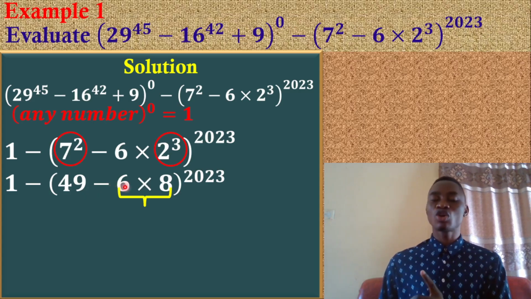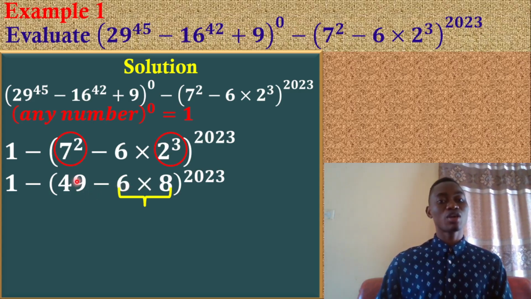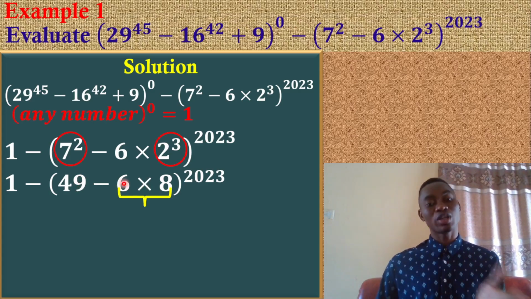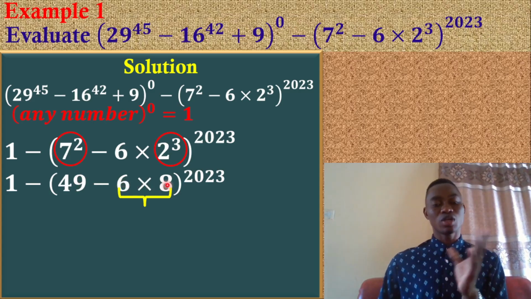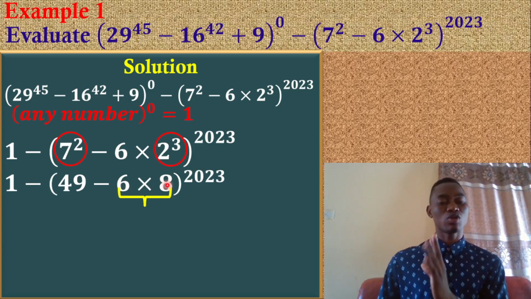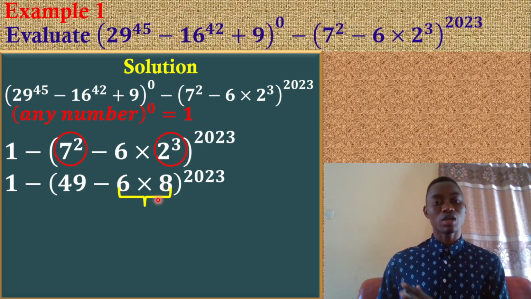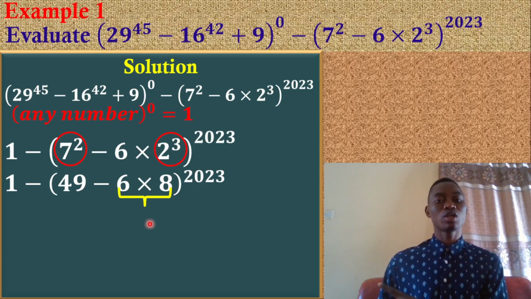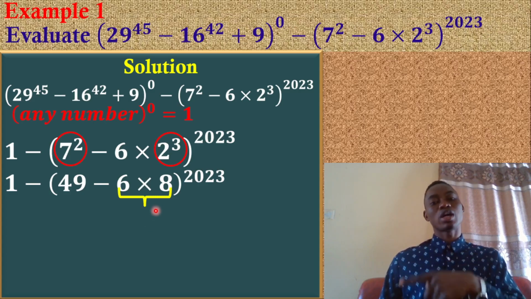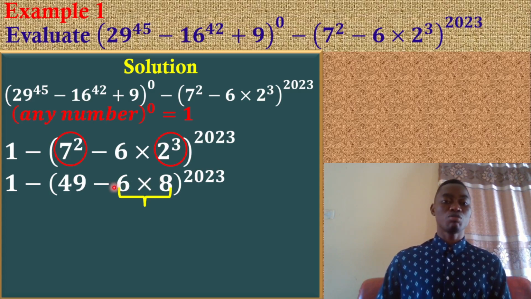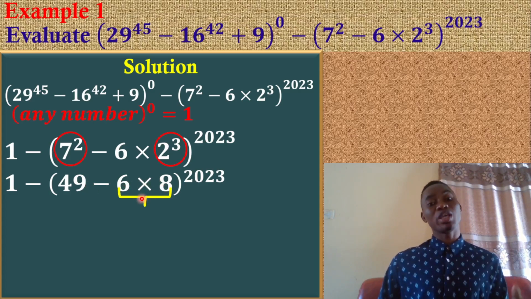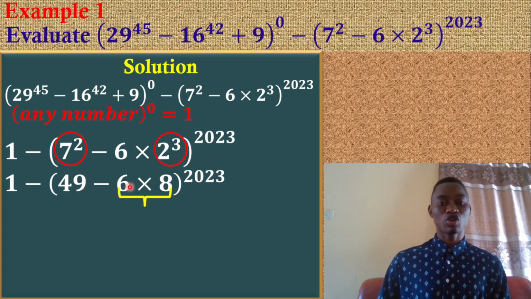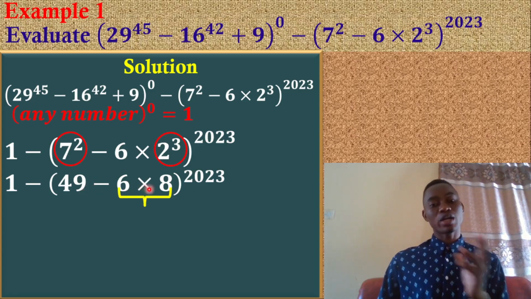So don't be tempted to say 49 minus 6 to get an answer, then multiply by 8. No, it's not good that way. You are going to get a wrong answer. Instead, observe the BODMAS rule that says that the multiplication operation comes before the subtraction operation. All right, let's move on.